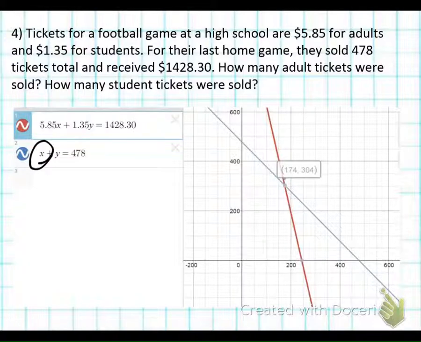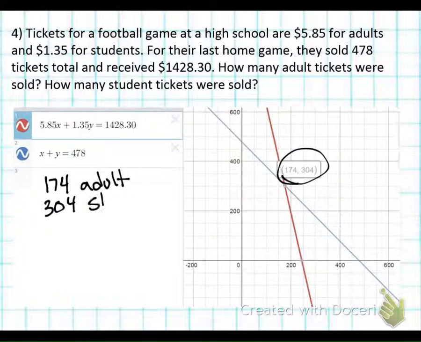Then the total number of adult tickets plus the total number of student tickets gives me the total number of tickets sold. And using Desmos, we could plug these two equations in and see that they intersect at this point. So that tells us that there were 174 adult tickets and 304 student.